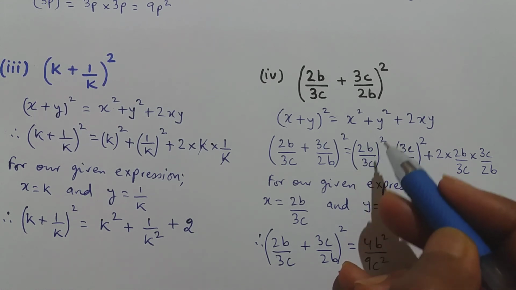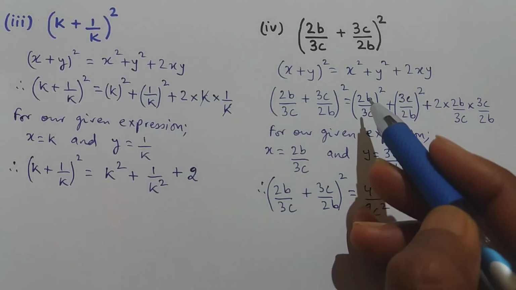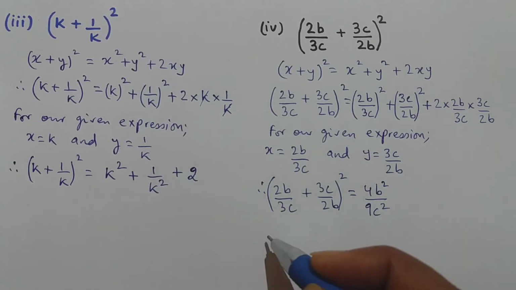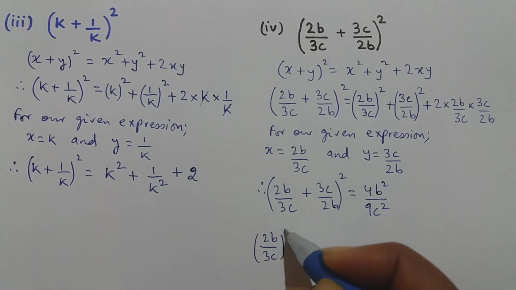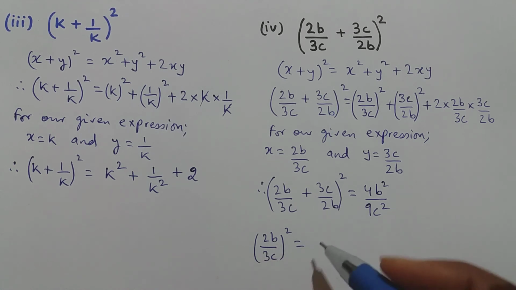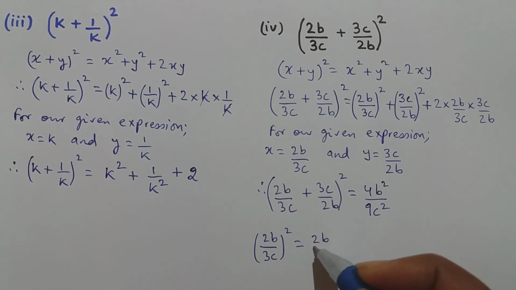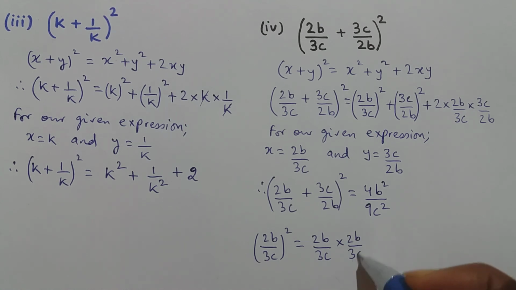This comes from our knowledge of exponent. So 2b upon 3c whole square is 2b upon 3c into 2b upon 3c.